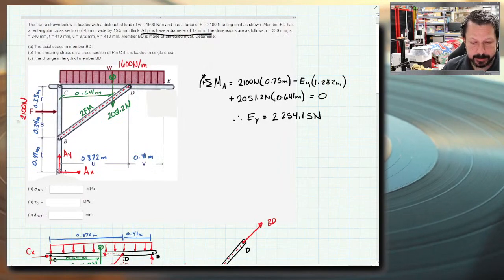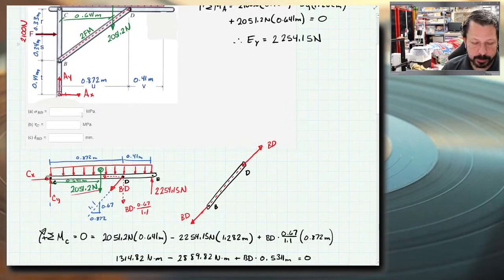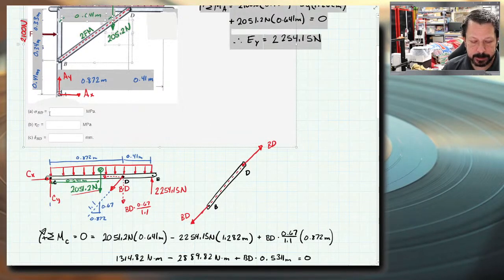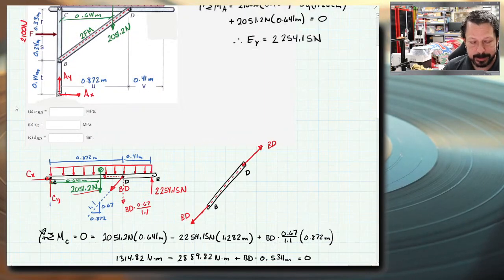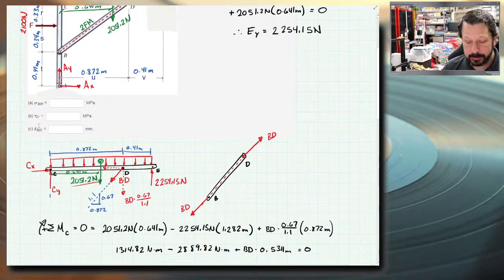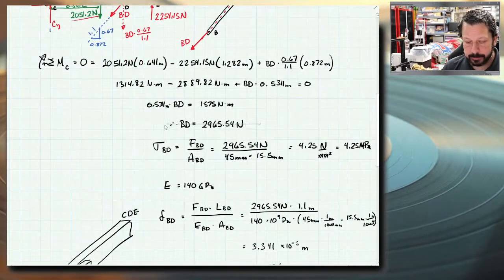So this would be that mid-range level problem. It does get a little bit more involved because this particular one is asking for stress and change in length. So that makes it a little bit more than just a regular average problem. If all you were trying to do is find the force in member BD, like here, then this would definitely be one of the average level problems.